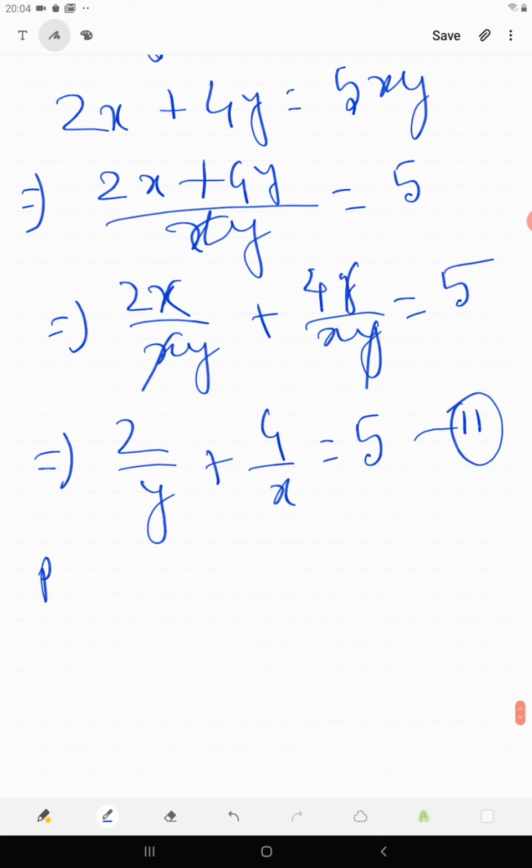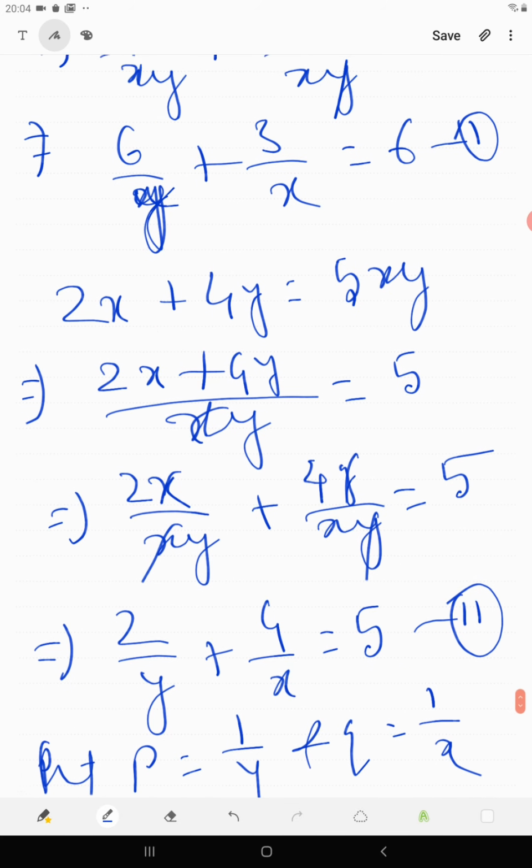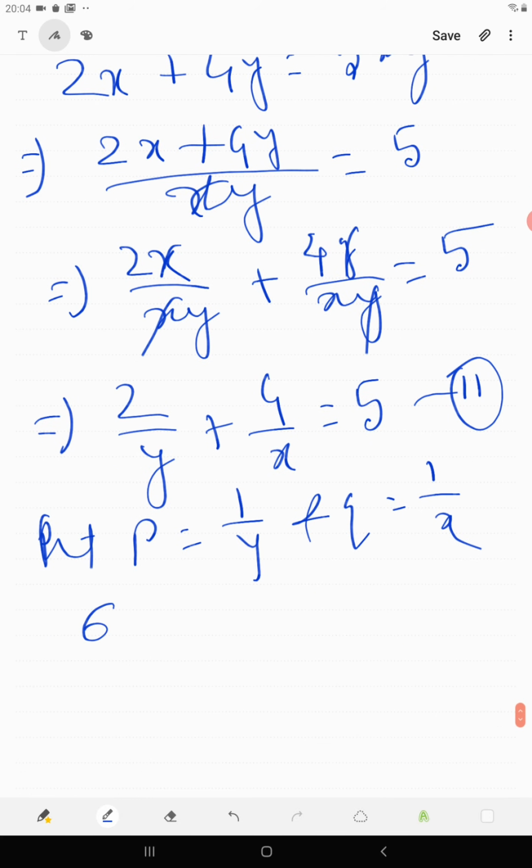Now we will assume let p equals 1 by y and q equals 1 by x. So what will happen? Equation 1 will be 6p plus 3q equals 6. This is our equation 3.